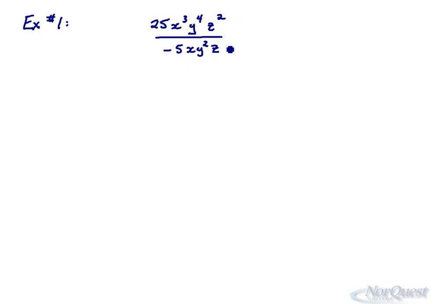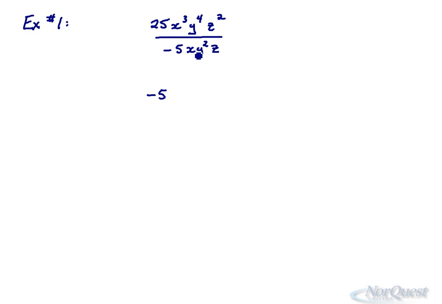Pretty straightforward. Our exponent laws tell us that when you divide same bases, you will subtract exponents. So we're going to just subtract the exponents in this case. Take care of the coefficients.